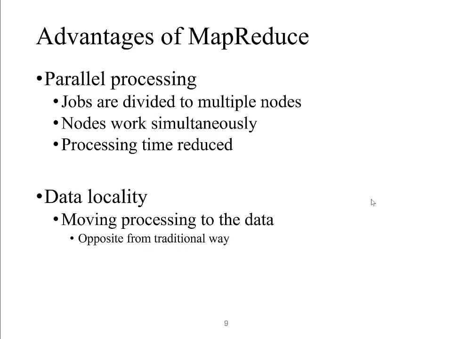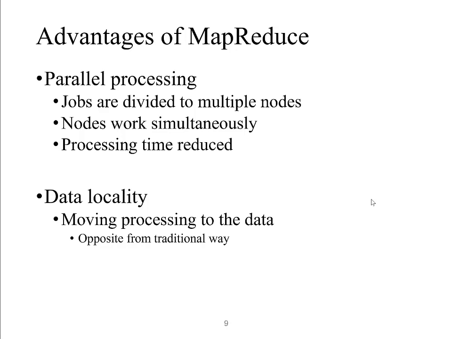Now let's look at the advantages of MapReduce. In MapReduce, we divide the job into several subtasks and assign them to multiple nodes. Each node works with a part of the job simultaneously. So it is parallel processing.